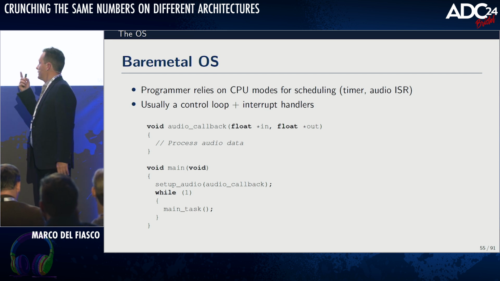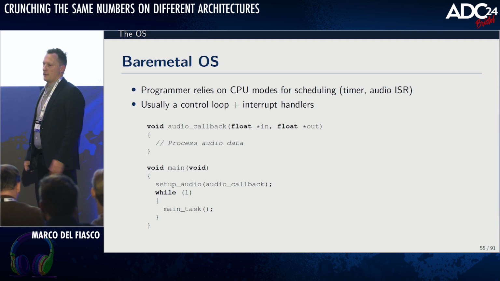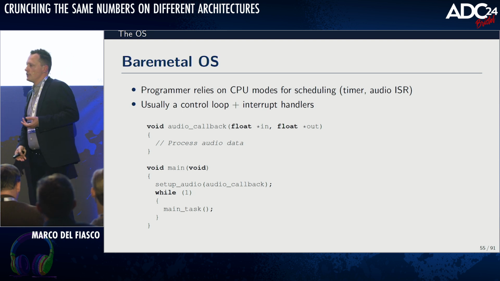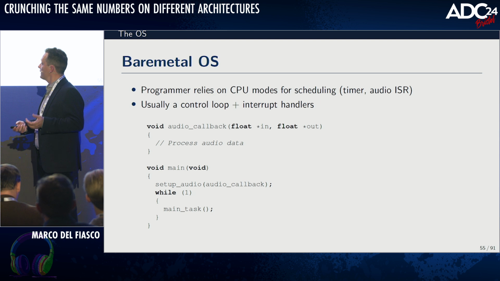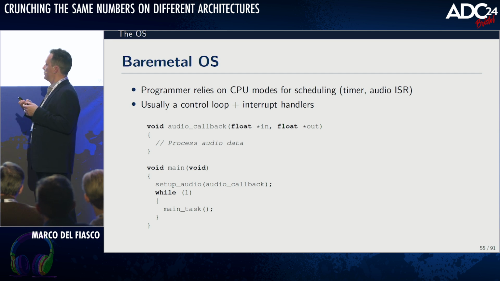Then the main task will just loop on some control function. Periodically, your audio callback gets called, but it is called in a different CPU mode, the interrupt mode. So typically, your audio callback is an interrupt service routine. This is the simplest way you can achieve dual priority scheduling on an embedded system without an OS.